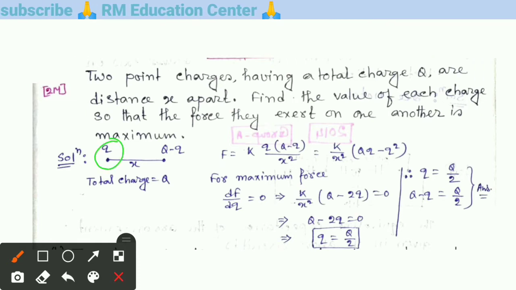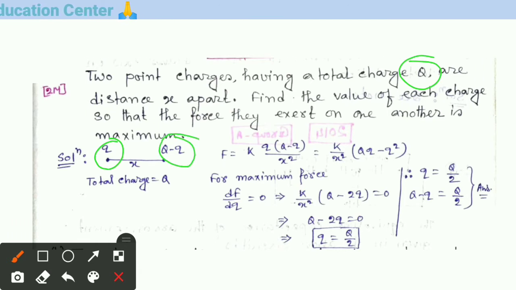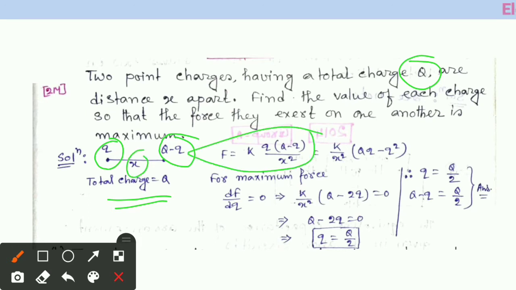Now the total charge is Q, so the other charge will be capital Q minus small q. So the total charge is capital Q. Now force is K Q1 Q2 by R square, the distance is x, so x square, Q1 means small q, Q2 means capital Q minus small q.